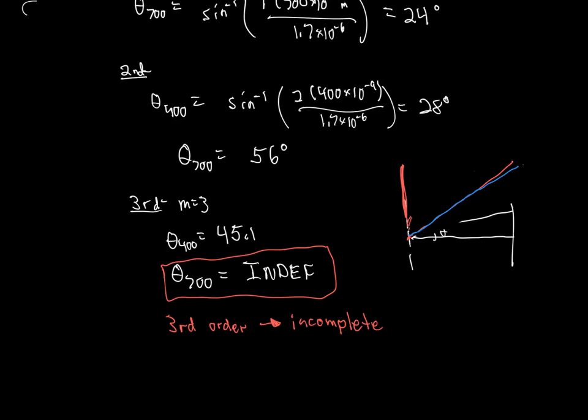So this is the third order. This is the second order. The second order is bleeding into the third order. Okay. Any questions on that one? That was the question from the homework.